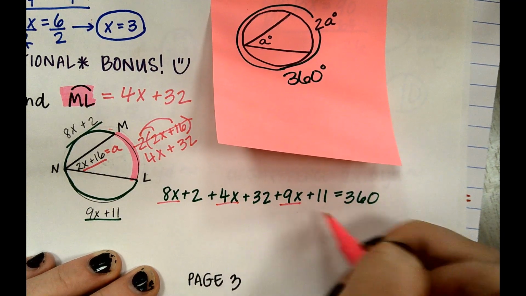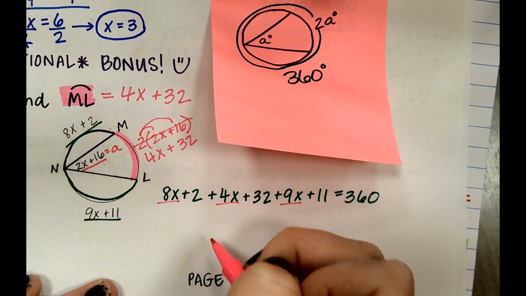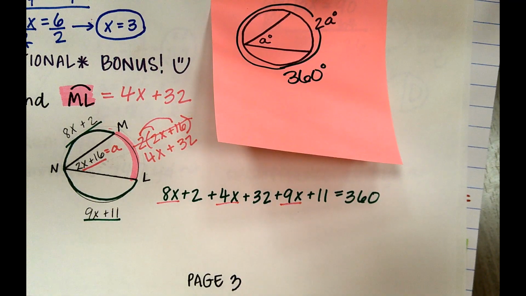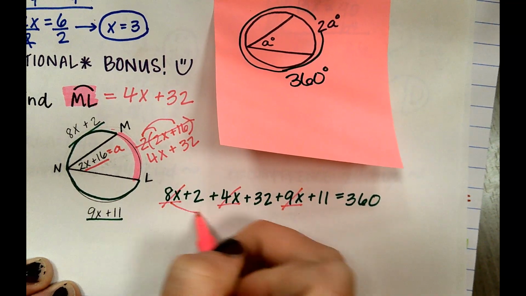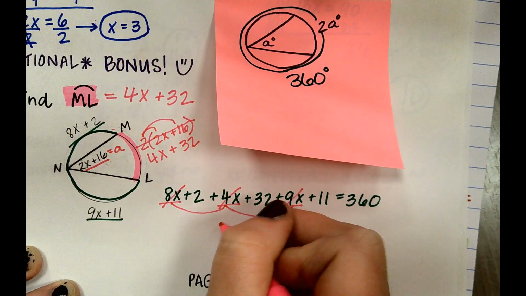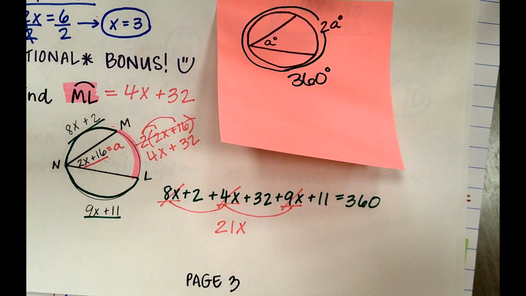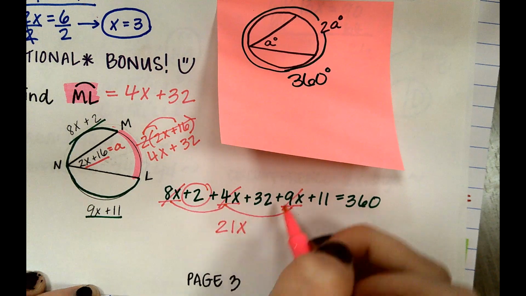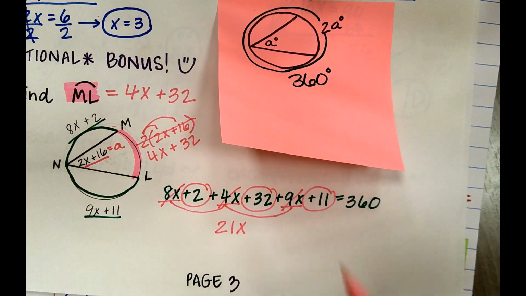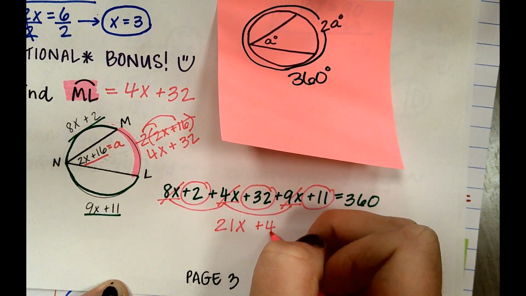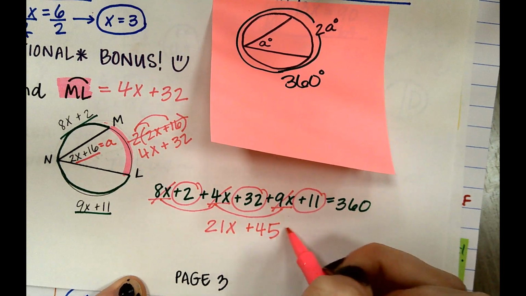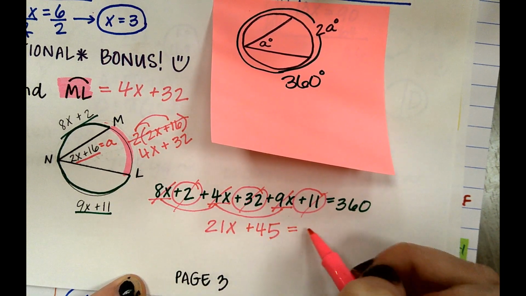X, 8 plus 4 is 12 plus 9 should give me 21x. And then I'll combine my non-x's: plus 2 plus 32 plus 11. And that gives me 45 equals 360.